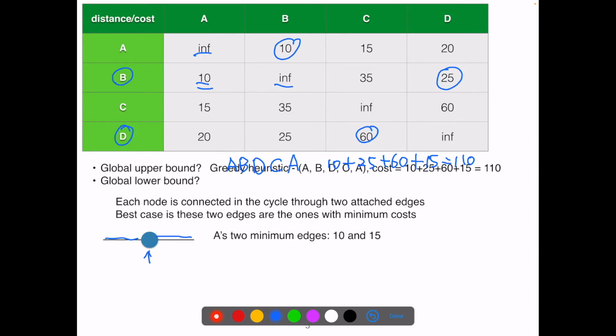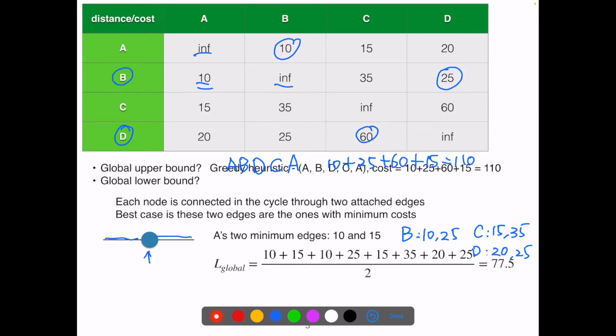A's two minimum edges are 10 and 15, and B's two minimum edges are 10 and 25. C's two minimum edges are 15 and 35, and D's two minimum edges are 20 and 25. So the global lower bound will be the sum of the two minimum edges for each node in the graph and divided by 2.